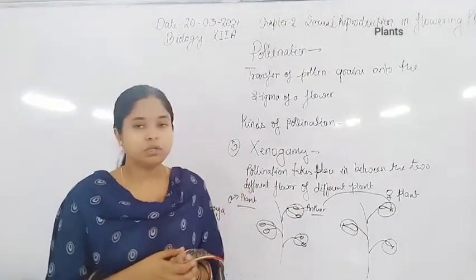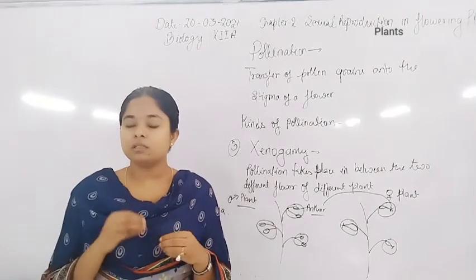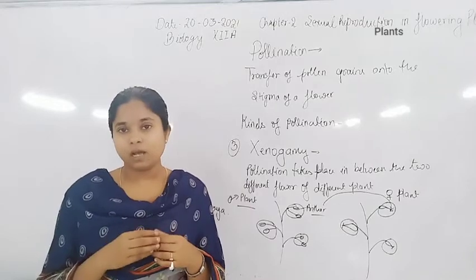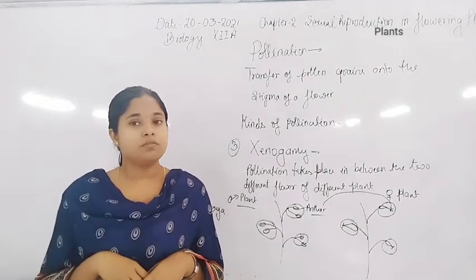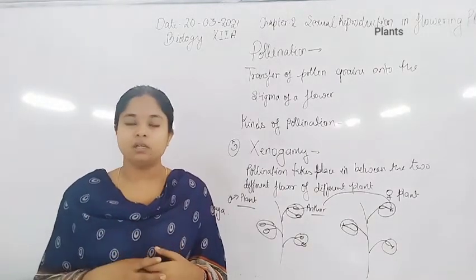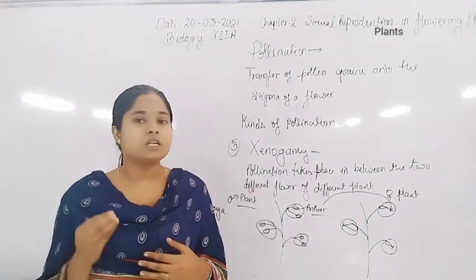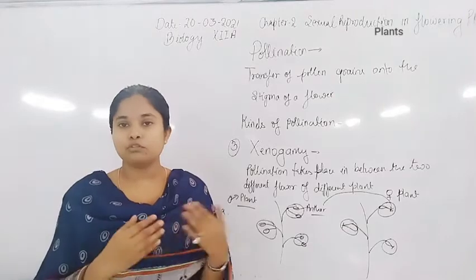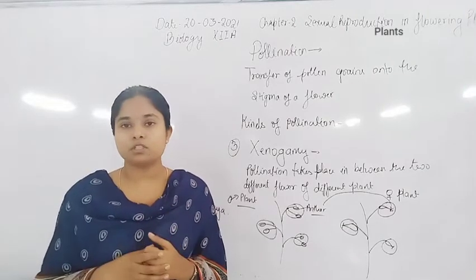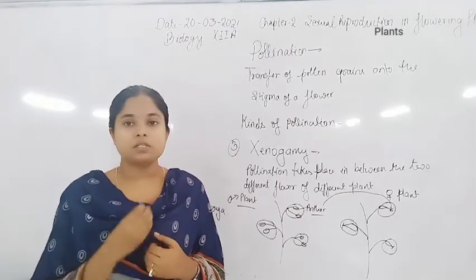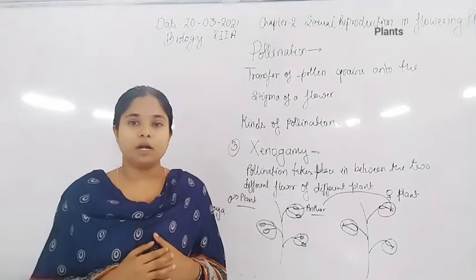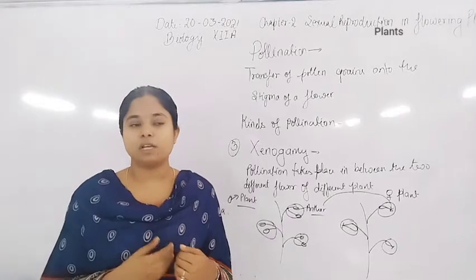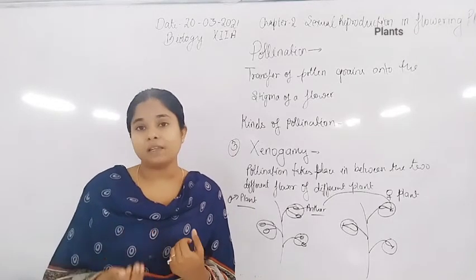Second is the geitonogamy flower, in which the possibility of geitonogamy is that they bear unisexual flowers, and both the unisexual flowers are present on the same plant body. Or they also show protandry and protogyny, that is, the male reproductive part matures first, which is known as protandrous, and if the female reproductive part matures first, that is known as protogyny.